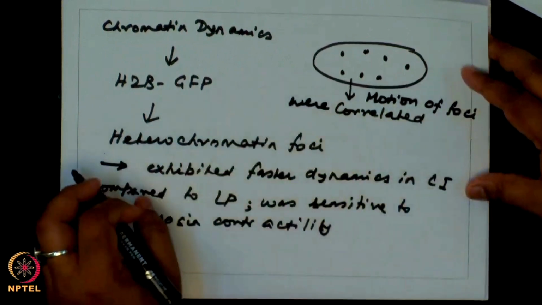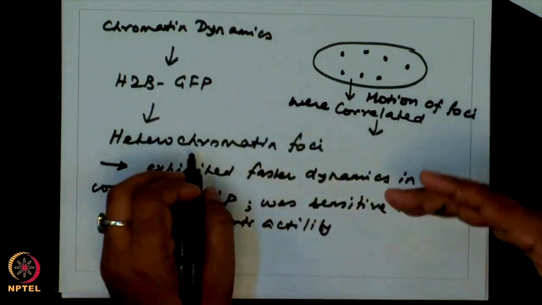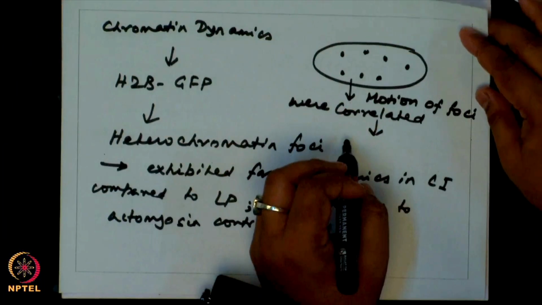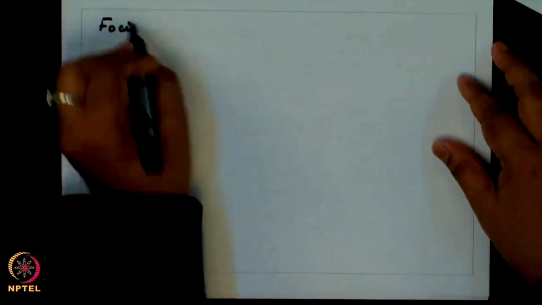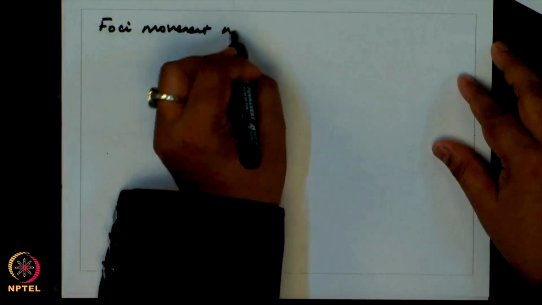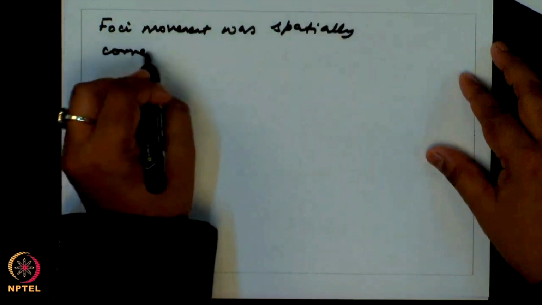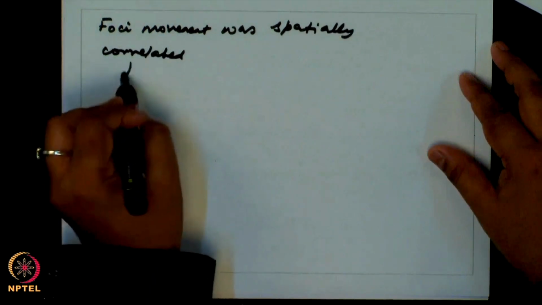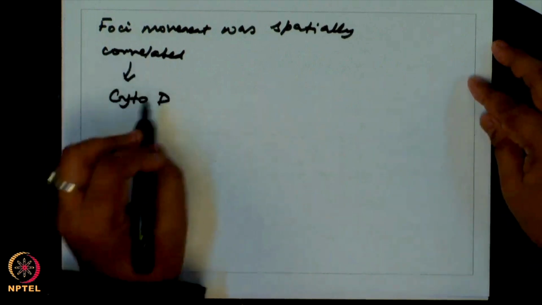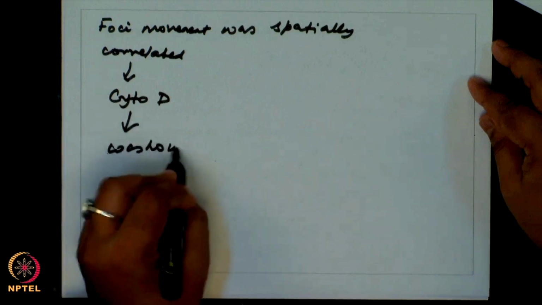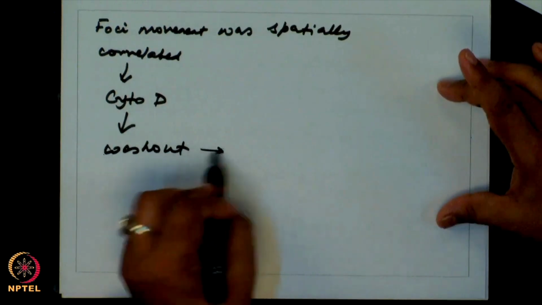The extent of correlation was perturbed when you treated them with drugs like cytochalasin D or blebbistatin, but when you remove the drugs, the correlation is restored. So, the foci movement was spatially correlated and sensitive to cyto D, but after washout, the positions and the correlation map are re-established.